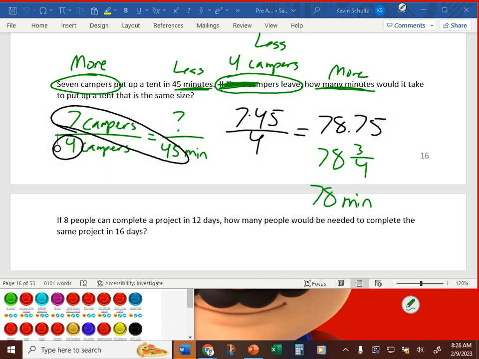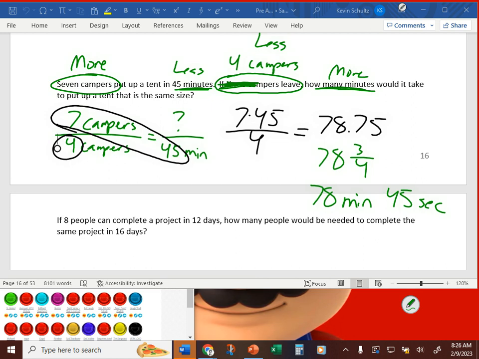Okay? 78 minutes, 45 seconds. There are 60 seconds in a minute. 3/4 of 60 is 45. 75 seconds? Yes, Anthony, but this is not 75 seconds. When you get a decimal with time, it's not minutes and seconds.